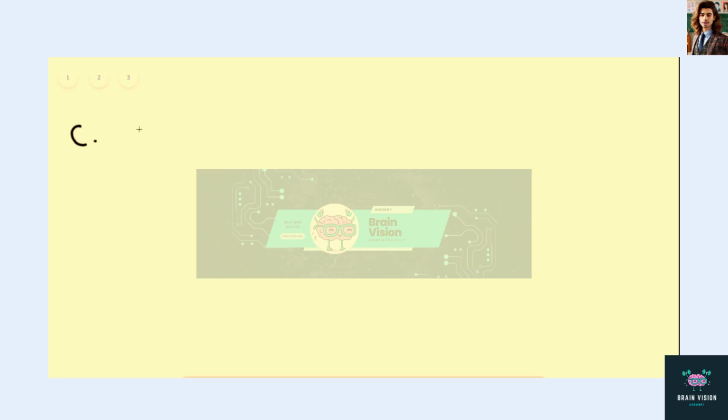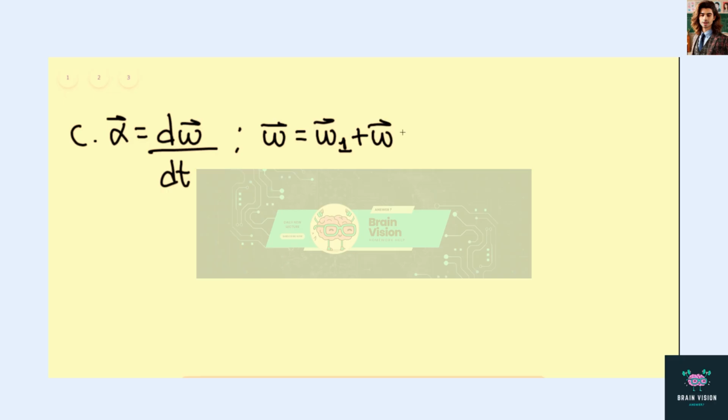And then for part C, they want us to find the vector form for the angular acceleration. The angular acceleration, by definition, will be equal to the derivative of the angular velocity with respect to time. And we can say that here, because the angular velocity vector equals the angular velocity vector sub 1 plus the angular velocity vector sub 2, omega sub 2 is going to be constant. We know this.